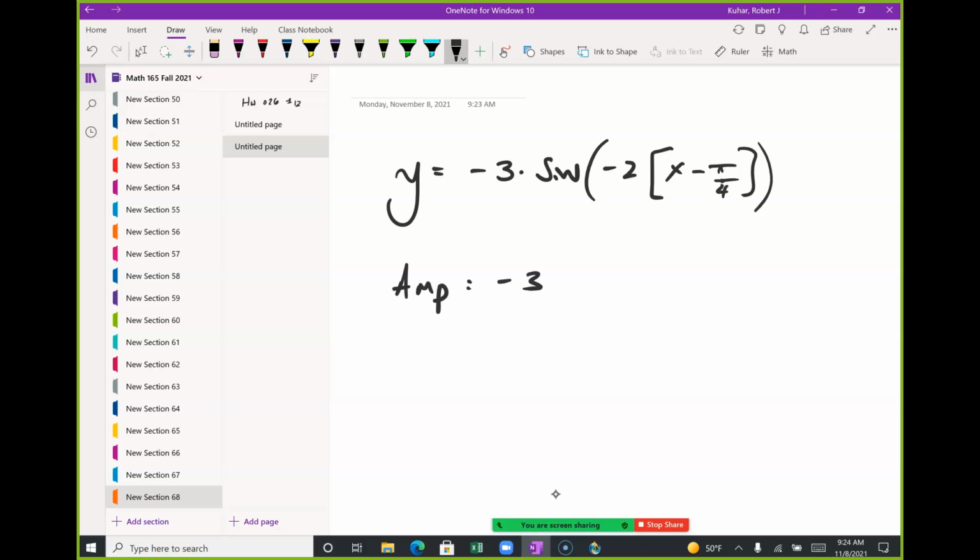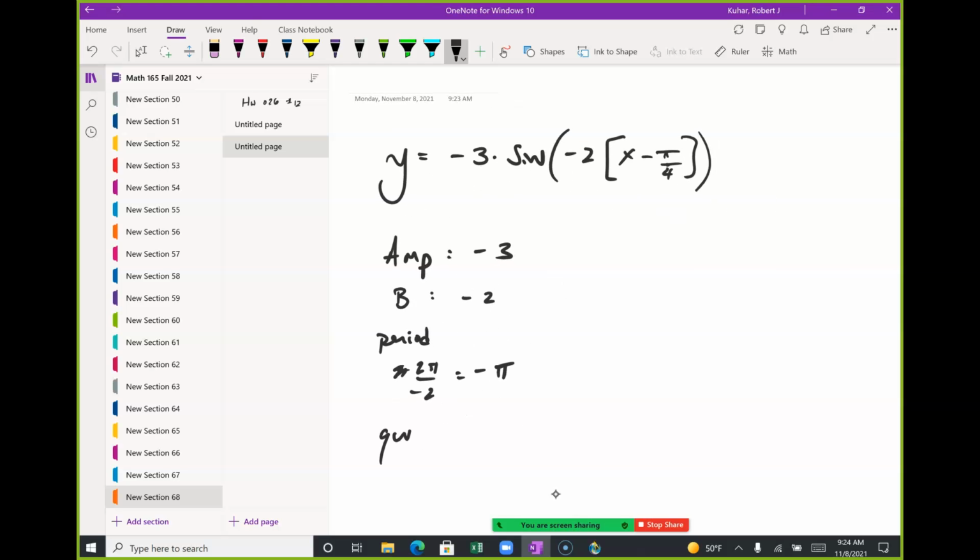But I know I need the reflection. I've got b is -2. I've got the period is 2 pi over -2. So it's -pi. So I want to move the rectangle that way, to the left. I get my quarter step.